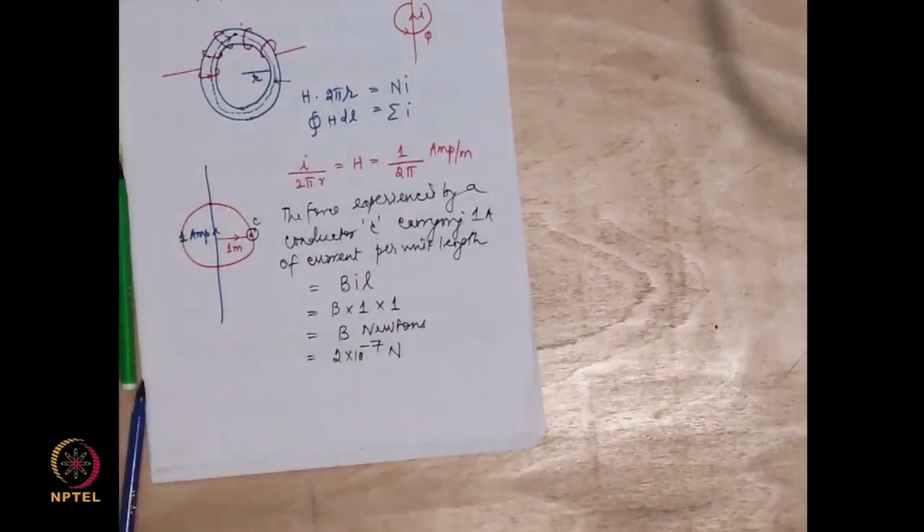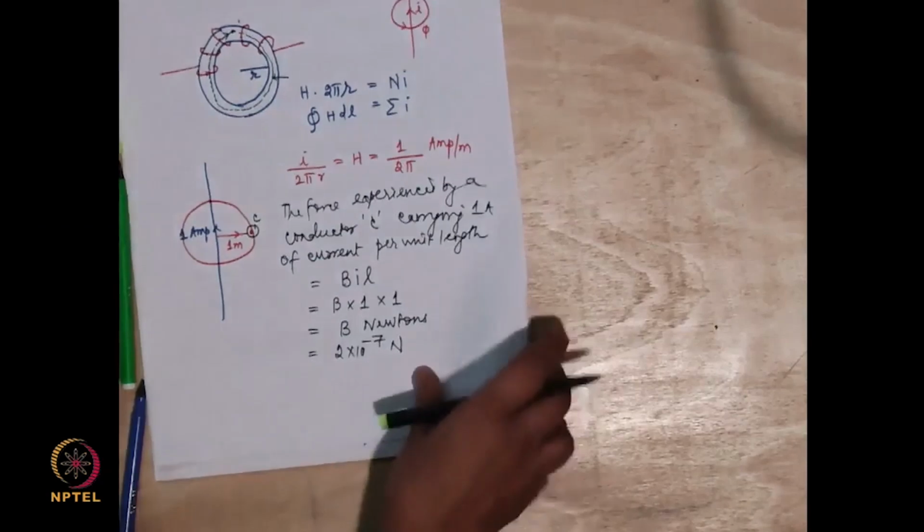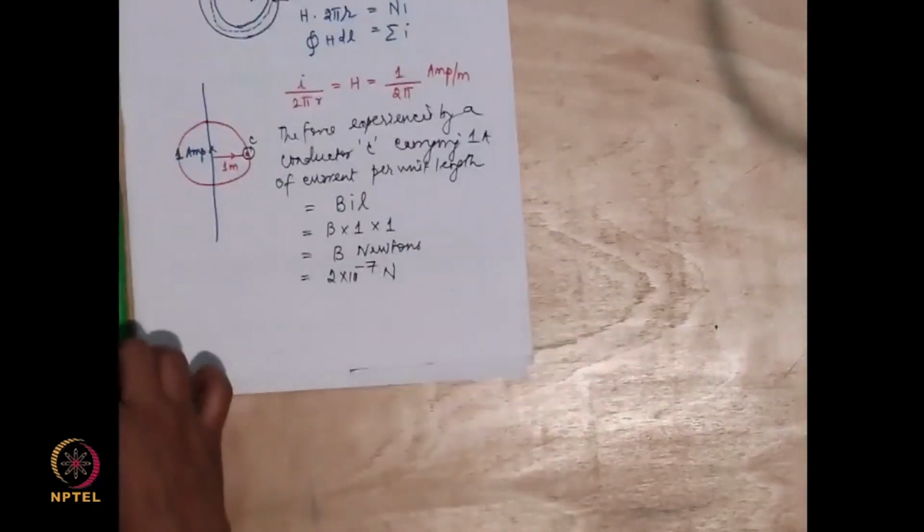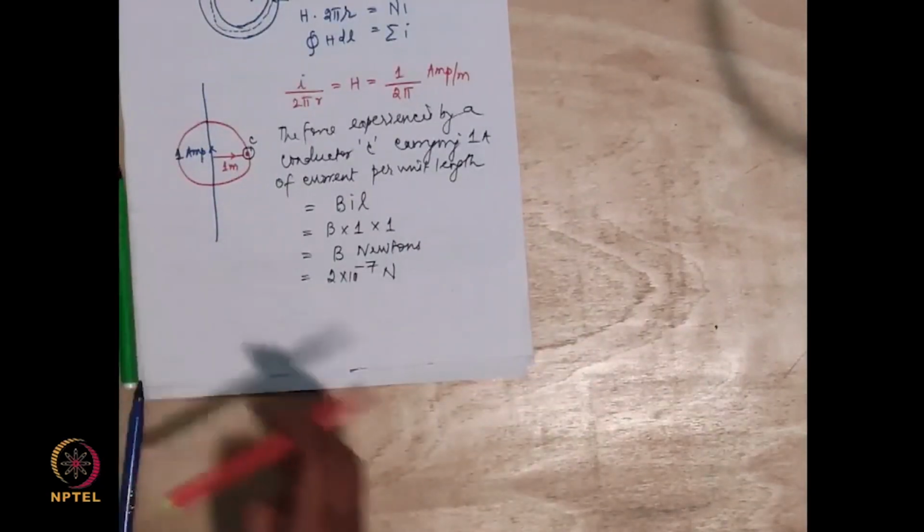Because we have taken a very long conductor initially, then we have placed the second conductor which is also carrying 1 ampere of current, and we have placed them apart by 1 meter. So I should say that this is the force that we are getting between these two conductors.